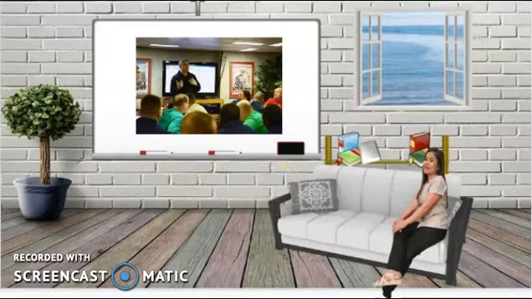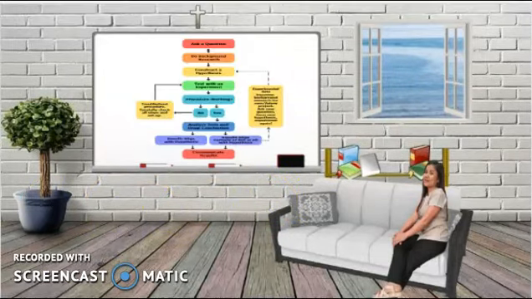Alright, so we're done with the 6 steps. Let us now summarize our lesson for today. Basically our lesson revolves around the steps of the scientific method. This is the graphic organizer. First we have asking a question, followed by the second step, doing background research. Third step is constructing a hypothesis.